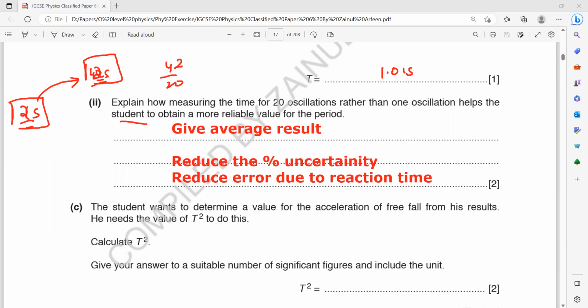It will be 1.02 seconds square. Sorry, sir, is it 1.01 or 1.02? No, this one is 1.01. So, it will be 1.02 seconds square.